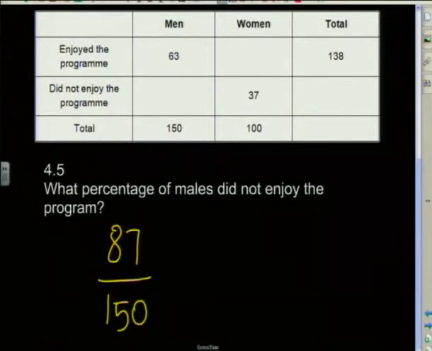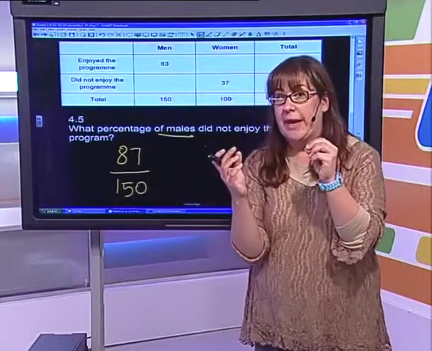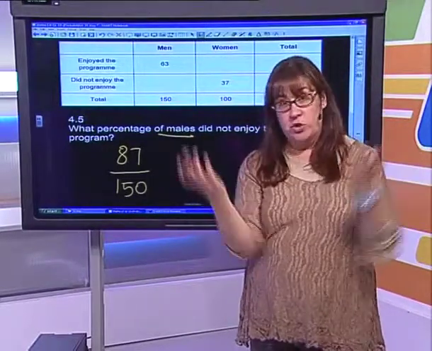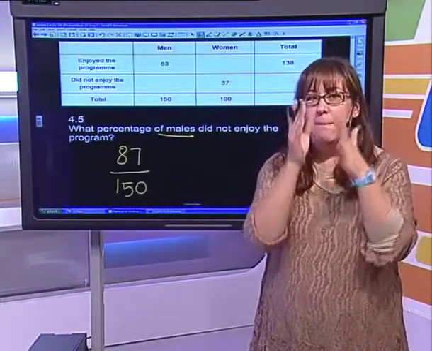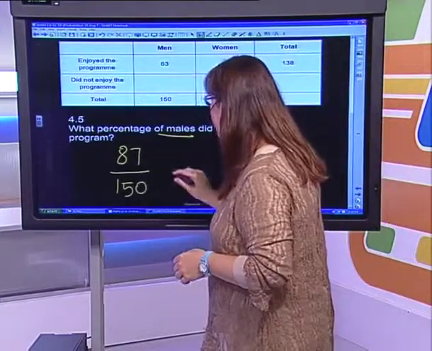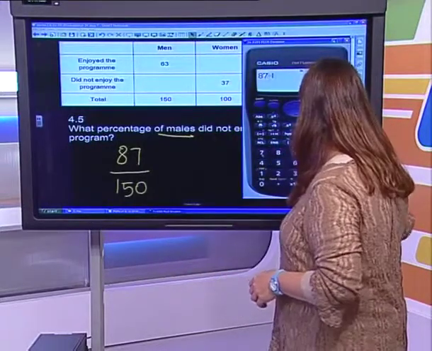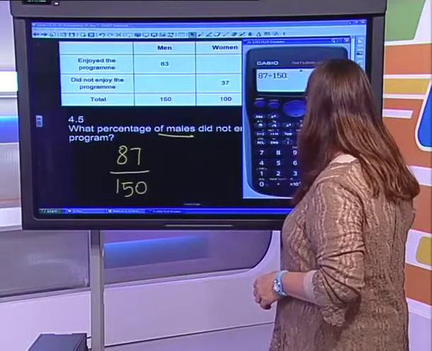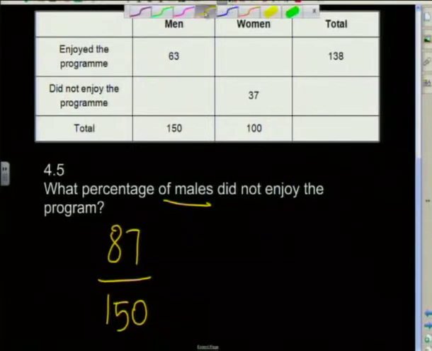Remember, when you're reading the word percentage, we need to look at what we are taking the percentage of. They didn't ask us of the total people surveyed. They said the percentage of males. So we're going to say 87 out of 150, as a fraction: 87 divided by 150, times by 100. Yes, 58% of males did not enjoy the program.